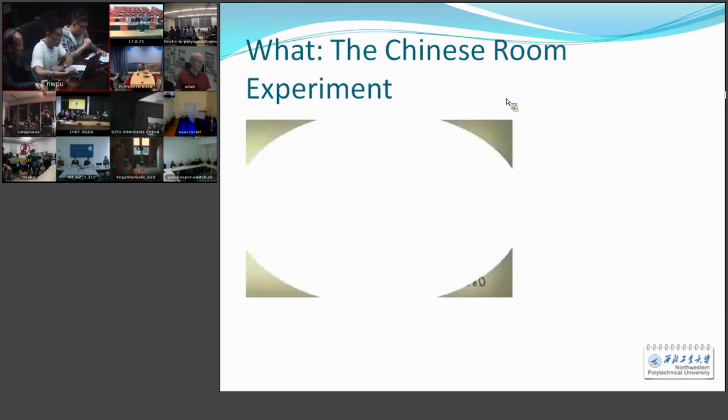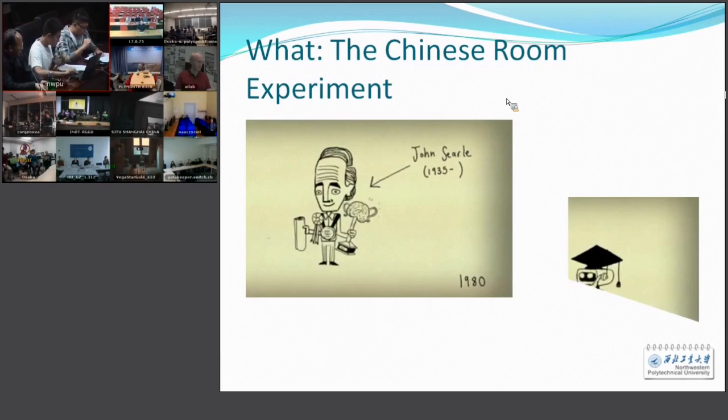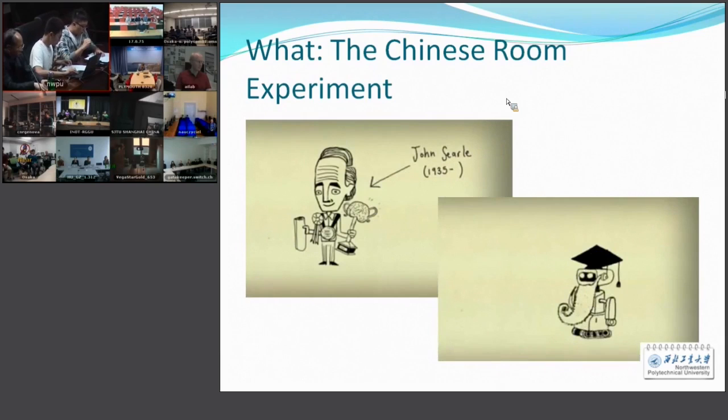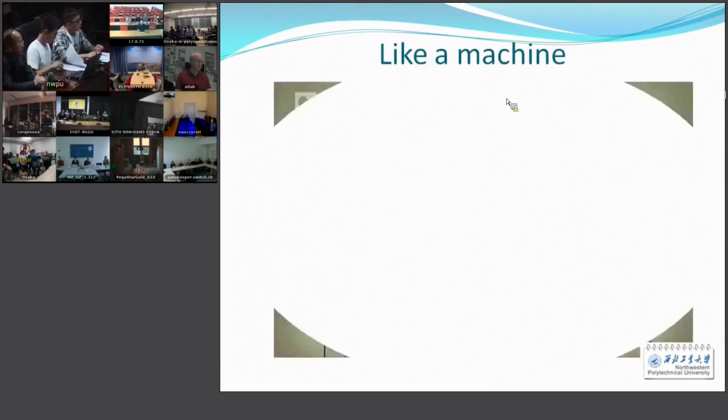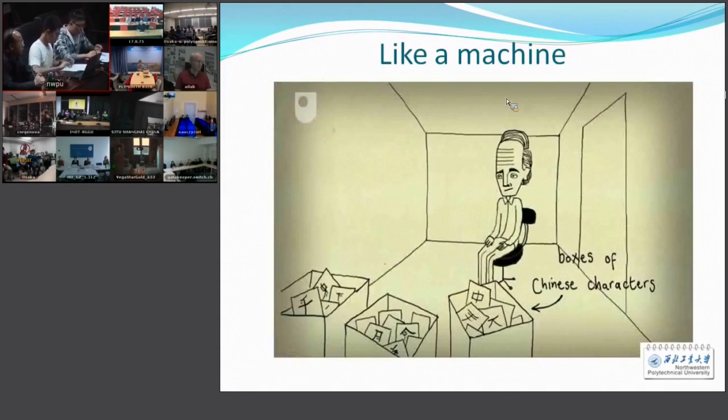Now let's start part 2. In this part, I'll introduce what the Chinese room problem really is and what it tells us. First, simply imagine that someone who understands no Chinese is locked in a room with a lot of Chinese symbols.